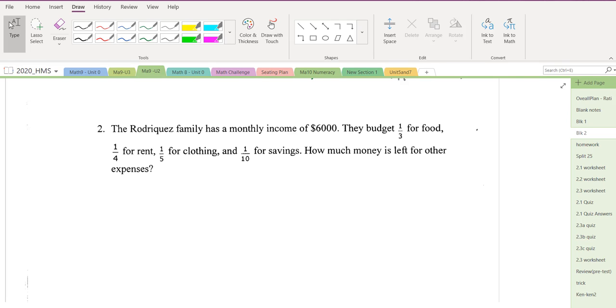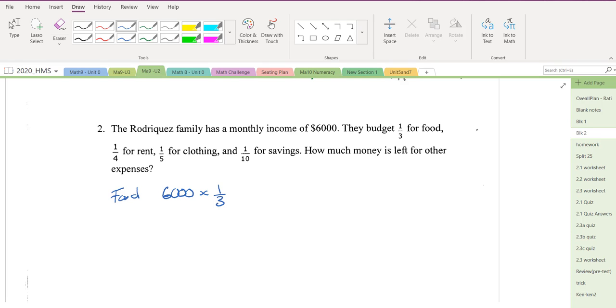David? You could divide, so you took 6,000 and you divide it by each of the bottom numbers of the fractions. So 6,000 divided by 3, divided by 4, divided by 5, and divided by 10. Yeah, so they're saying food was 1/3 of your 6,000. So you have 6,000, as David said, then divide by the bottom number or just multiply by 1/3. It means the same thing, right?